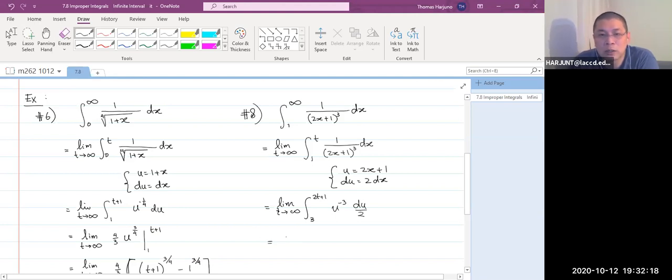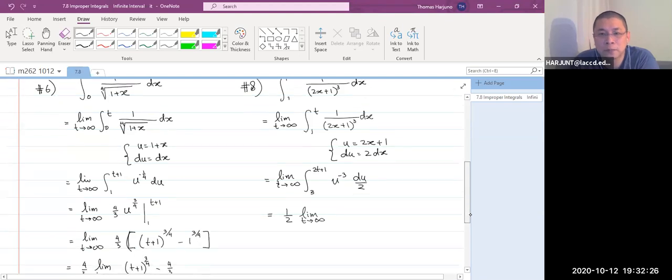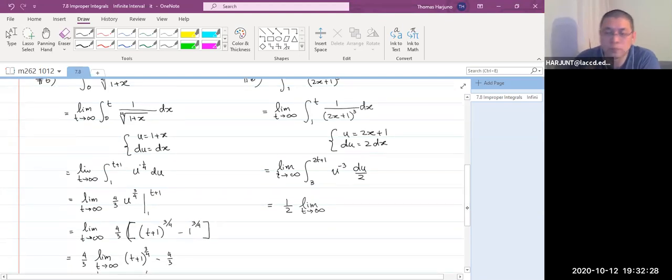That is 1/2 times the limit as t goes to infinity of negative 1/2 u to the negative 2 from 3 to 2t plus 1.